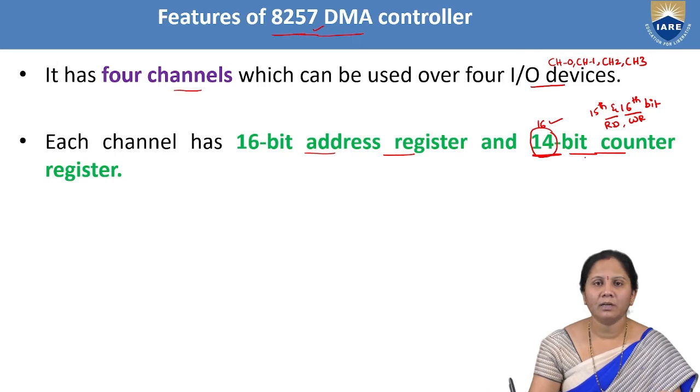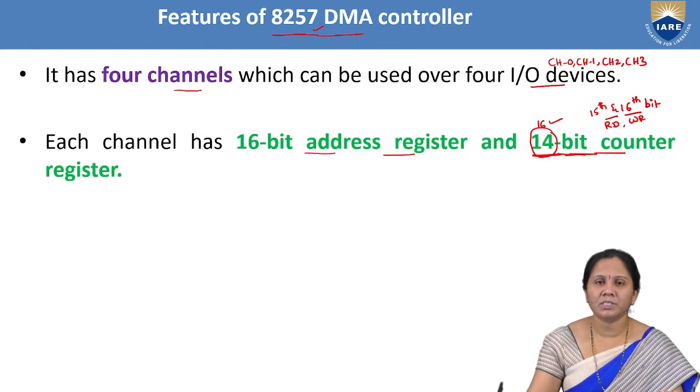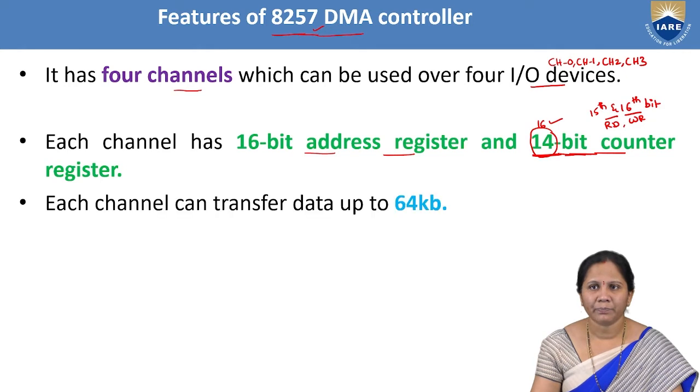All the least significant 14 bits carry the count-related information. That is why it is represented as a 14-bit counter register, because the two upper bits represent the read and write operation. These 2 registers are available in all the 4 channels.